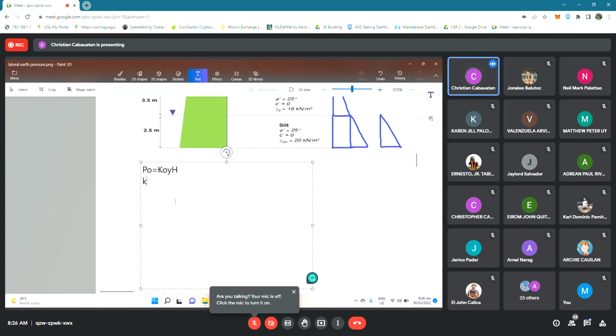Okay, so KO is equal to 1 minus sine of phi. Therefore, it is 1 minus sine of your phi, which is sine 25.